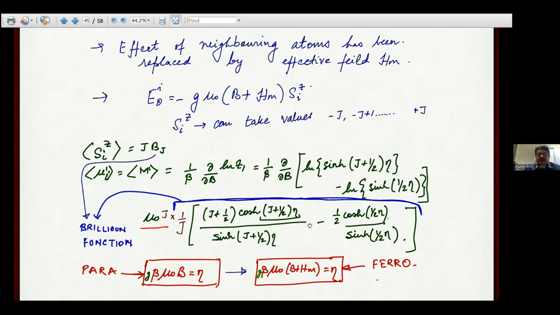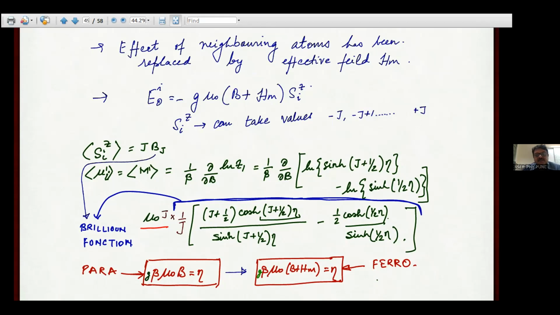Except that now eta contains G mu 0 times B plus Hm, whereas in the paramagnetic case, one only had the external magnetic field. In the absence of any external magnetic field, the magnetic moment seen by the system was 0.